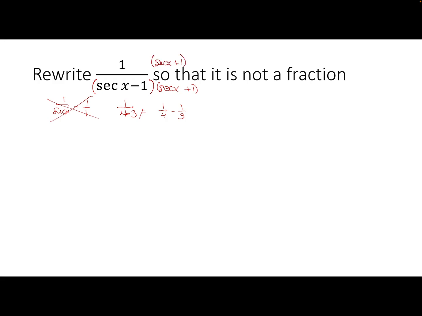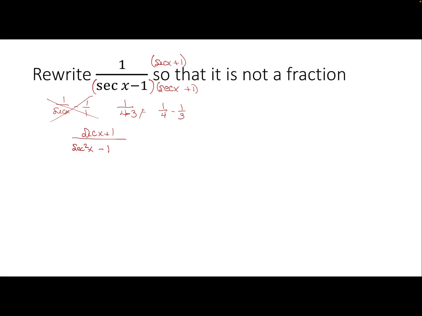And if we multiply the denominator by secant of x plus 1, we have to multiply the numerator by secant of x plus 1, so we're actually multiplying by 1. So in our numerator, we would have a secant of x plus 1. In our denominator, if we distribute this out, we get a secant squared of x plus a secant of x minus a secant of x minus 1.